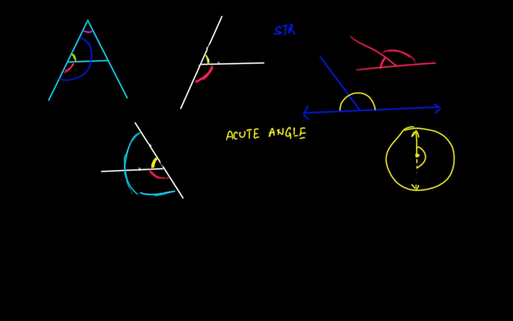So if it's a straight angle and one of these angles is an acute angle, then the other angle will be an obtuse angle. So this angle will be an obtuse angle, right? So this is a straight angle, this is an obtuse angle, and this is an acute angle.